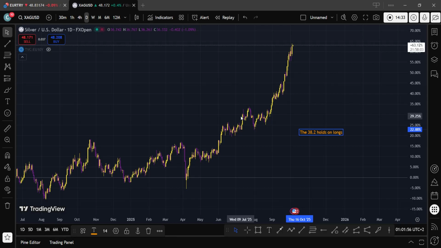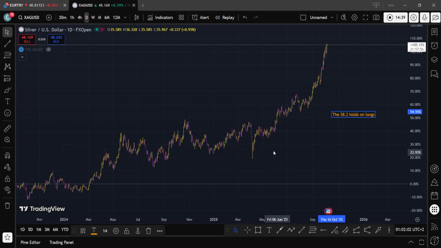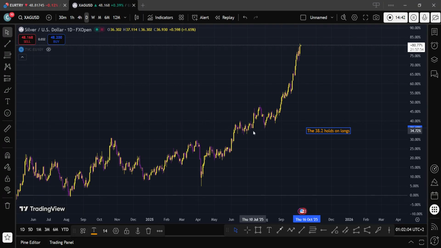A lot of people who trade gold or these commodities don't understand them, but you need to look more into interest rate cuts and central bank decisions for you to be able to hold trades.